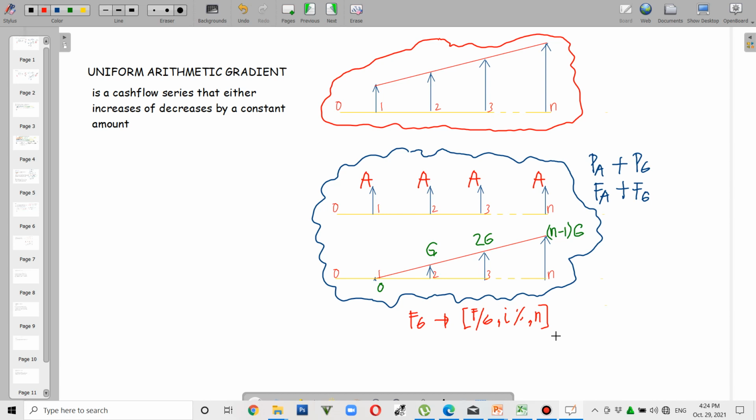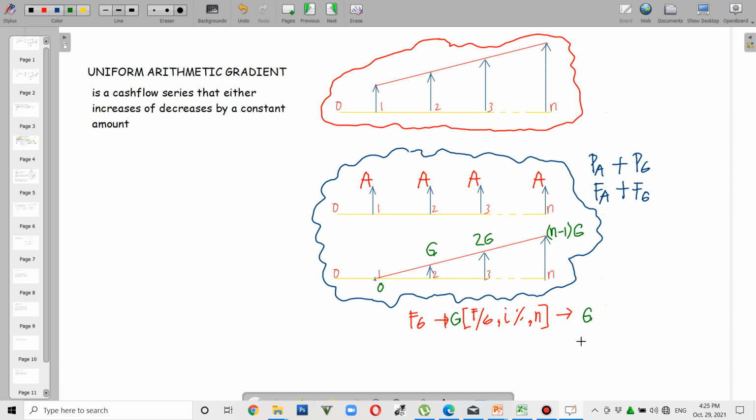This expression is equal to a certain formula, but this has to be multiplied by the gradient itself. So lagay natin yung gradient and then salpak yung formula nitong notation na to.